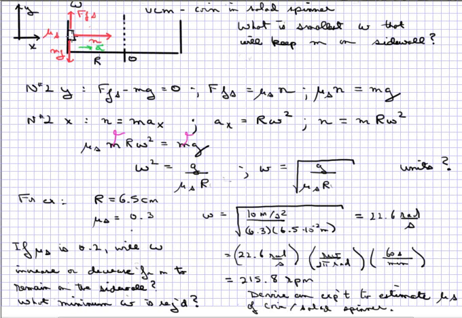We want to understand what keeps it on the sidewall and what constraints there are, if any, to make that happen. From your experience, you probably realize that whether the coin sticks to the sidewall or not, it stays up there, depends upon how fast you spin the basket.